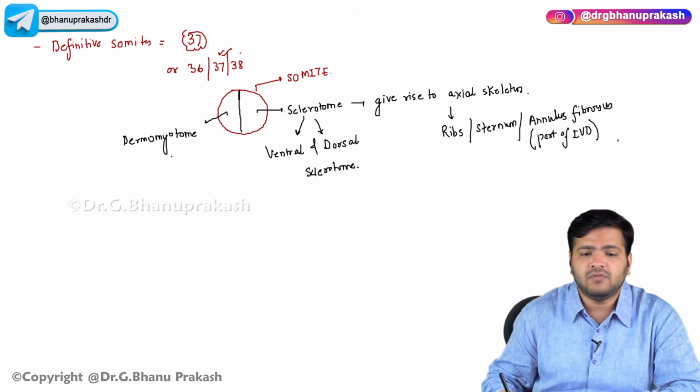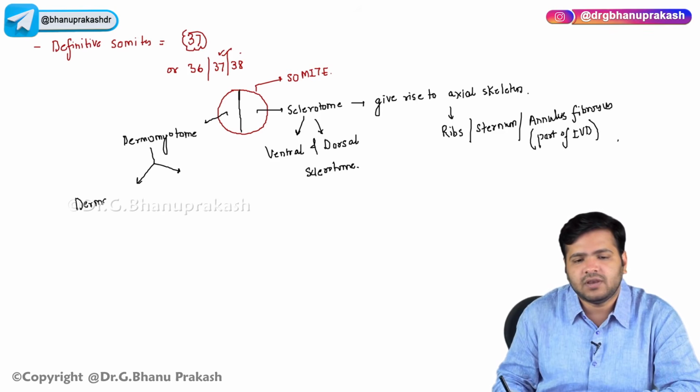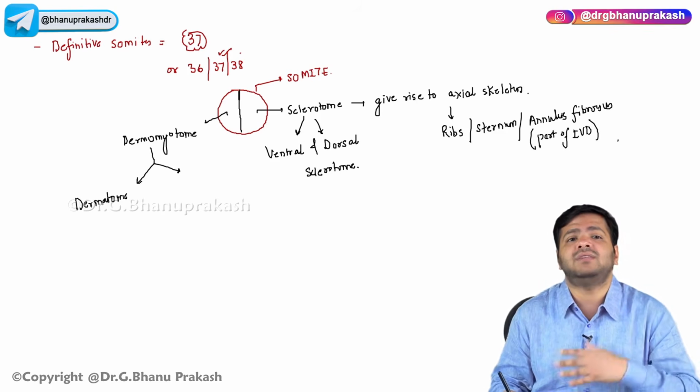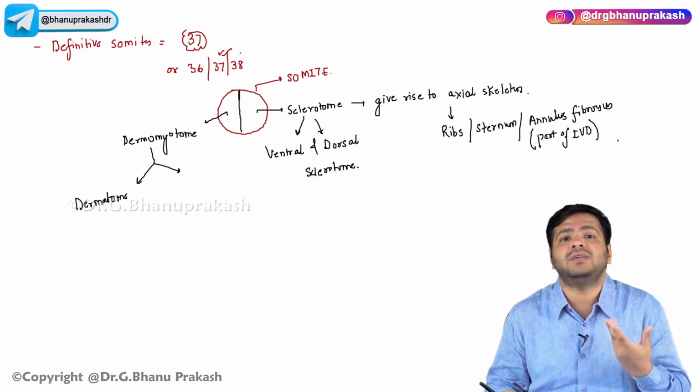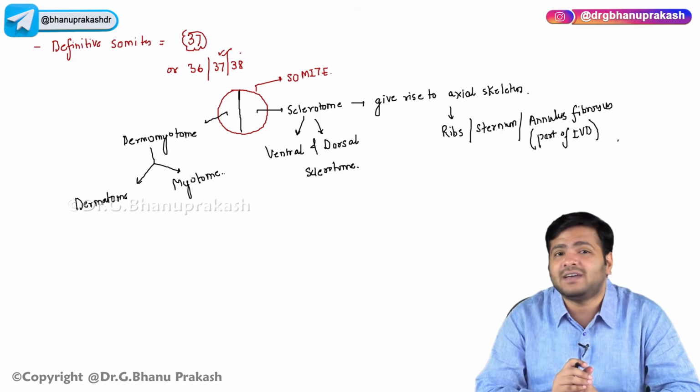Now dermomyotome, you already know, if we just split the word, it will give rise to dermatome and myotome, and the name suggests derma means skin, right? And myo means muscles. So it is very easy, no need to rectify anything.